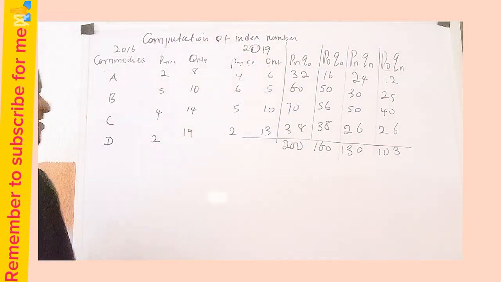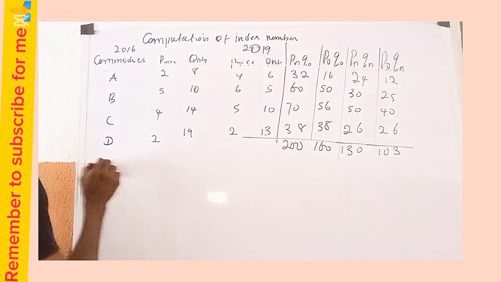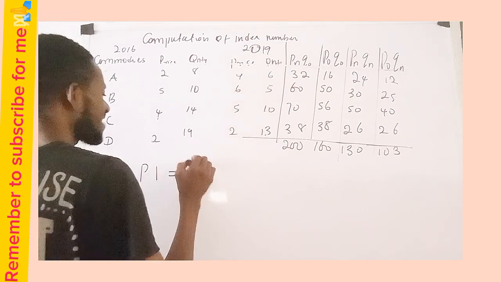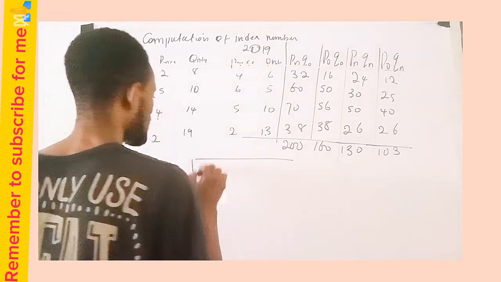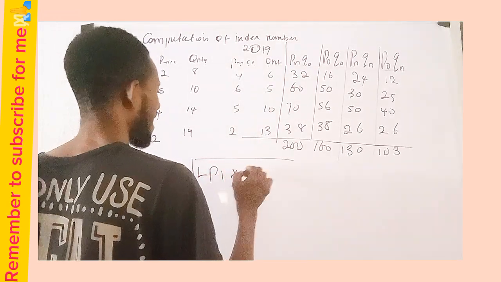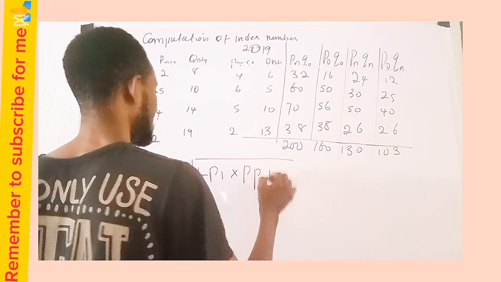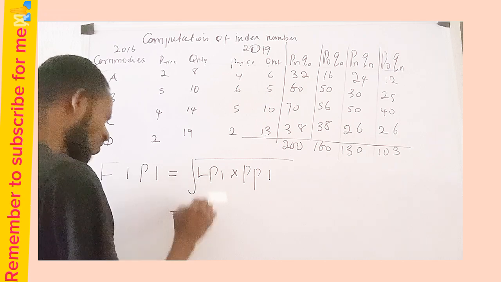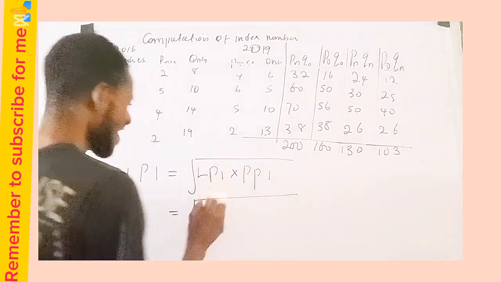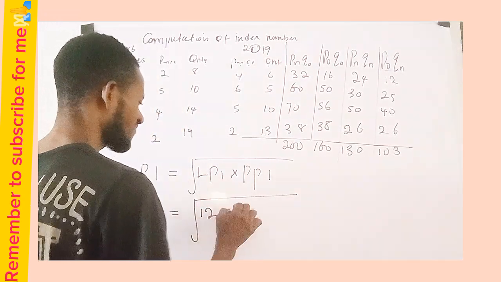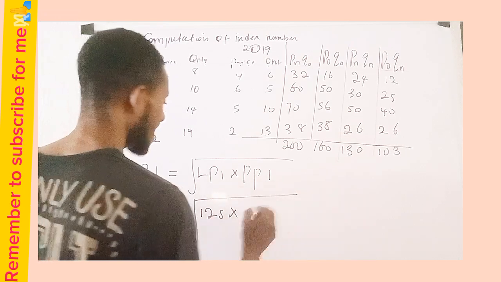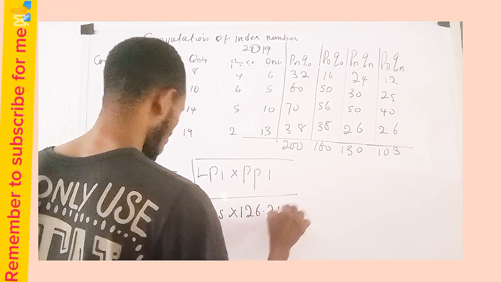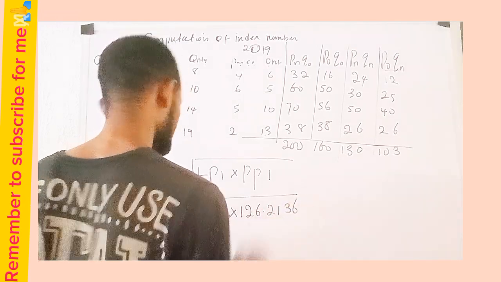Okay, the Fisher's Ideal Price Index, FIPI, is given as the square root of LPI multiplied by PPI. You bear me witness that we earlier solved and got LPI as 125 and PPI as 126.2136.